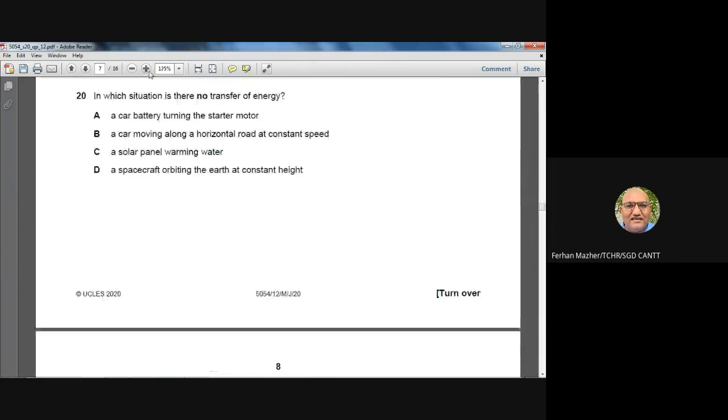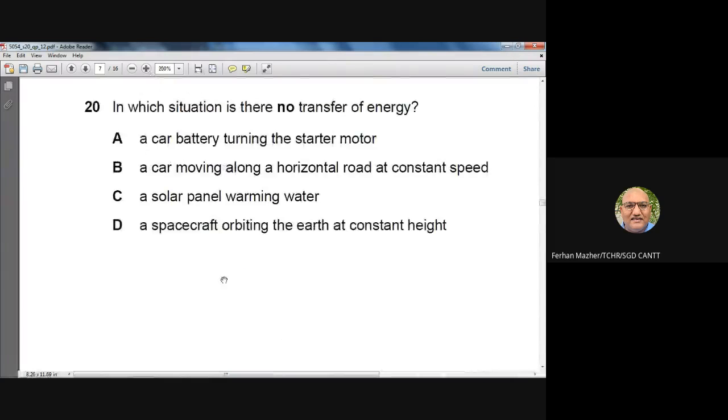Now, question number 20 is on your screen. In which situation is there no transfer of energy? A car battery turning the starter motor, a car moving along a horizontal road at constant speed, a solar panel warming water, a spacecraft orbiting the earth at constant height.